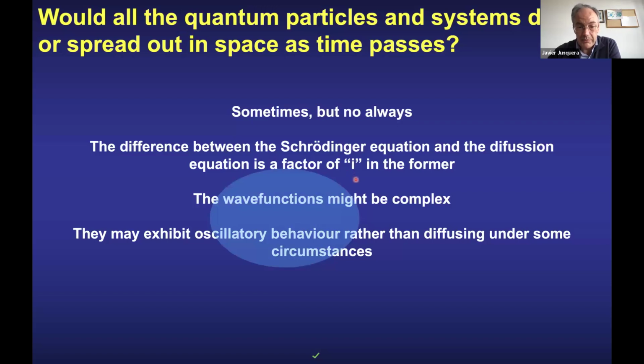So the wave functions may be complex, and this is a very important and essential point of the Schrödinger equation, and they may exhibit oscillatory behaviors rather than diffusing under some circumstances. So this is a very basic difference between quantum mechanics and classical mechanics. But I think just taking a look at this example of the diffusion equation in classical mechanics, you can get a flavor of how the Schrödinger equation will behave.